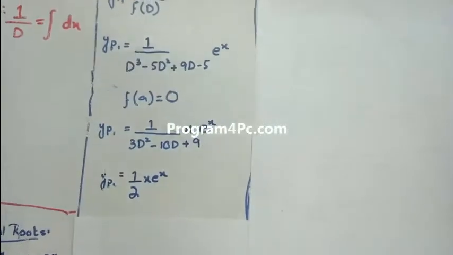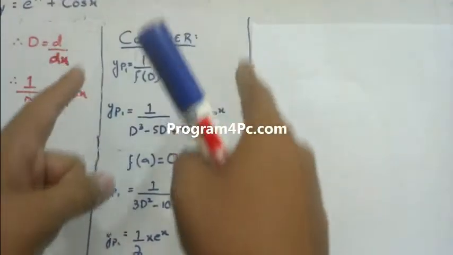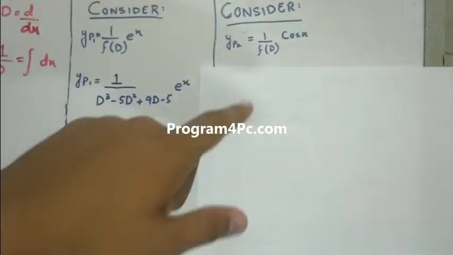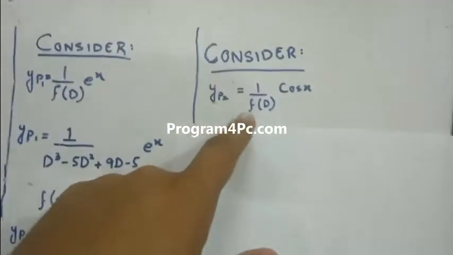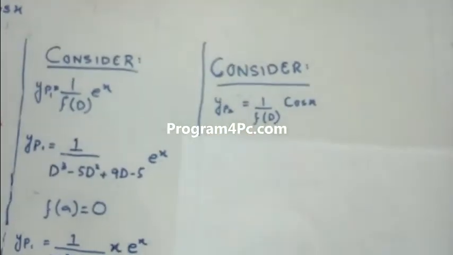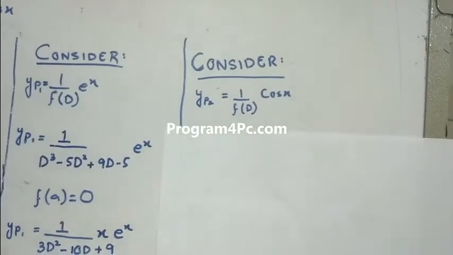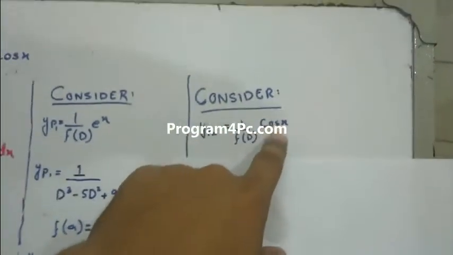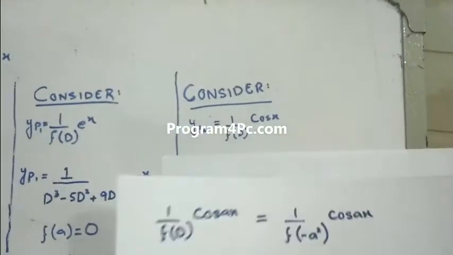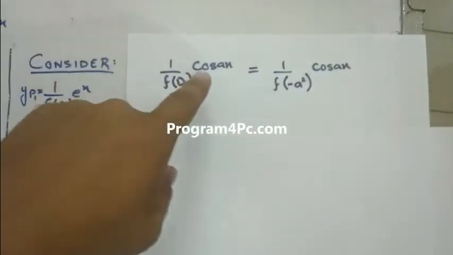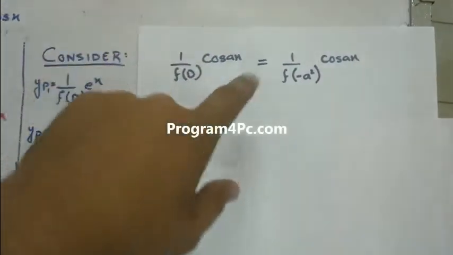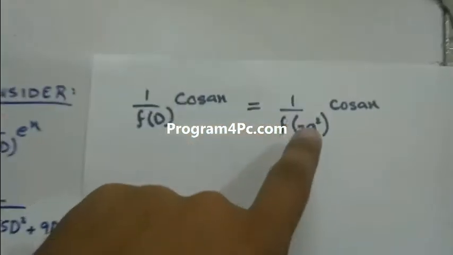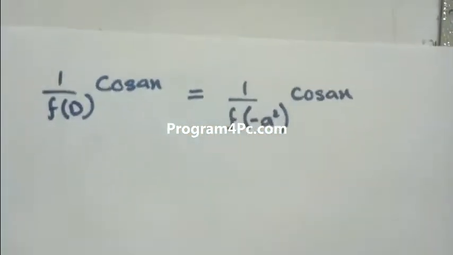Now we have considered one part of this equation, and the other part will be written as 1 upon f(D) cos x. If the function of x is in terms of trigonometric functions, we need to solve it like this: f(D) cos ax, where D square is replaced by minus a square.